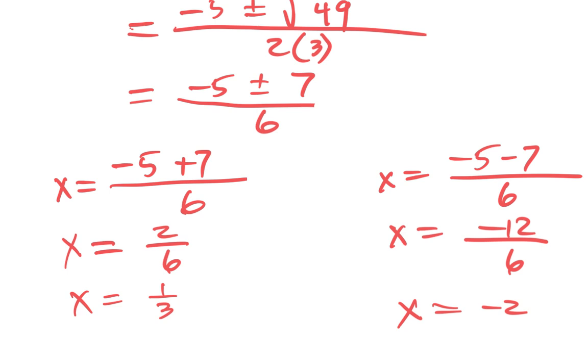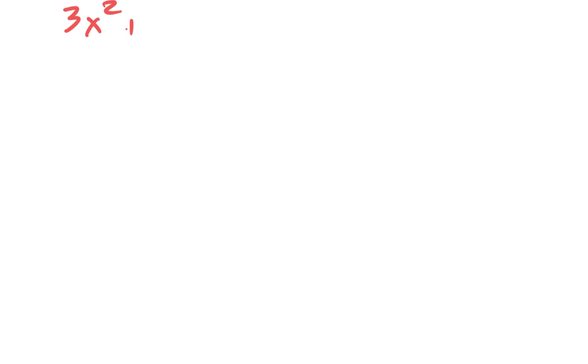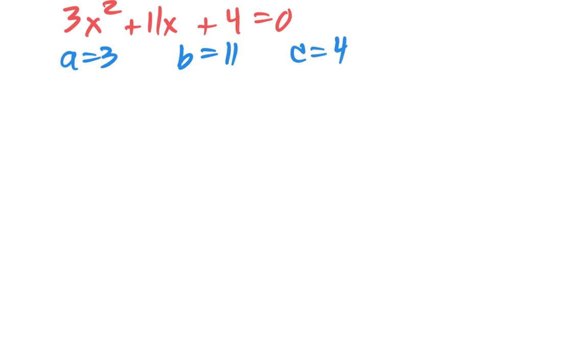So going back to my, so what I'm gonna need more room. So we have the equation 3x squared plus 11x plus 4 equals 0. And we said that a equals 3, b equals 11, c equals 4.